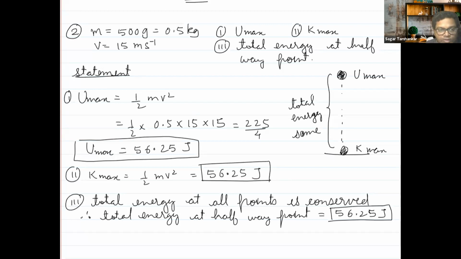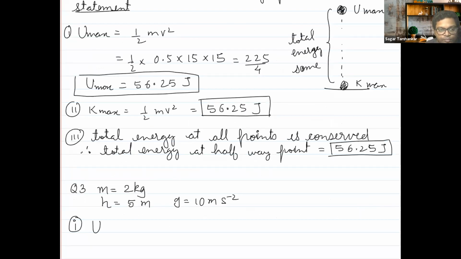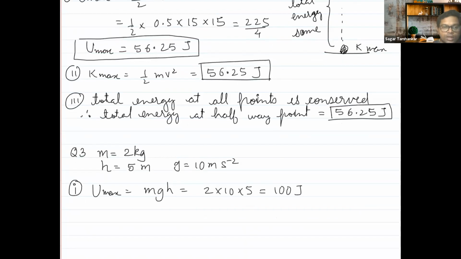In question 3 now, this should be easy for you all. When it was on top, potential energy is mgh. So this is 100 joules. And the second point, we need to write down the statement, and therefore kinetic energy just before touching the ground will also be 100 joules.